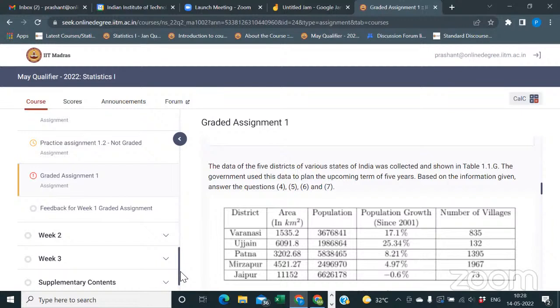Suppose instead of languages, it was something you could order. What can be the example? Let's say t-shirt sizes.